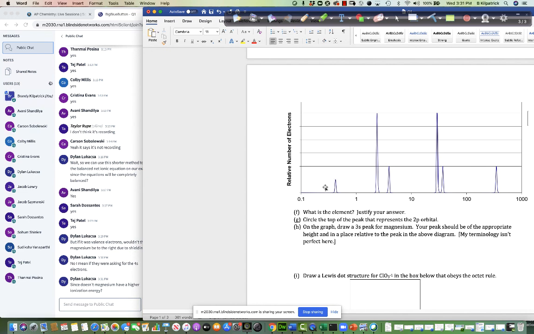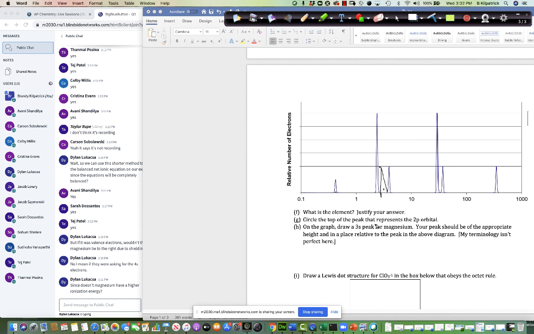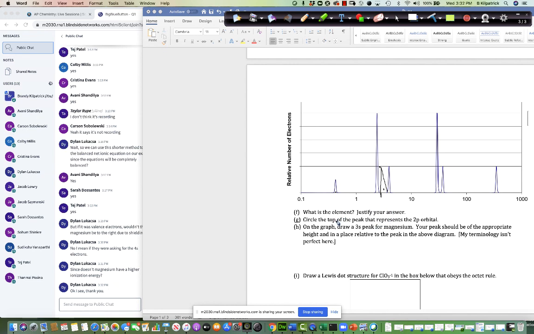This is the first electron that would be removed. So yes, magnesium does have a higher ionization energy than potassium. Those are the electrons it would remove for the first ionization energy, and they would be higher in energy. So you can't be comparing 4s to these in this particular question. First ionization energy, we remove the first electron from the outermost energy level first. And then this one would be lower for potassium. Okay.